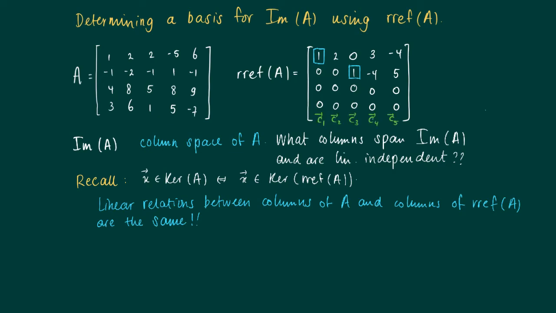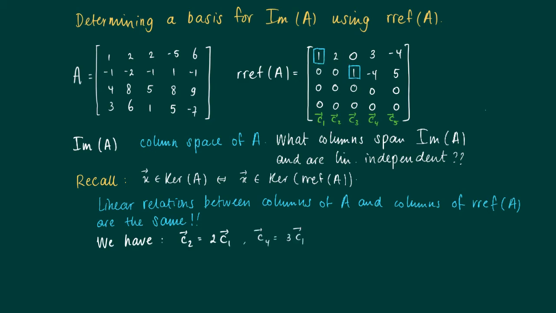And notice that we have here two pivots, and we have constants C1, C2, C3, C4, C5 corresponding to these columns. We have 5 columns, and we see that the second column is 2 times the first column, indicated by this 2 being 2 times 1.